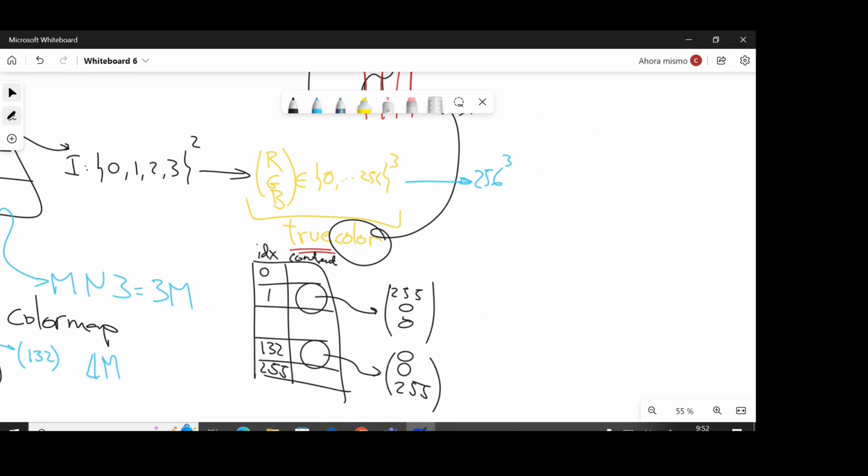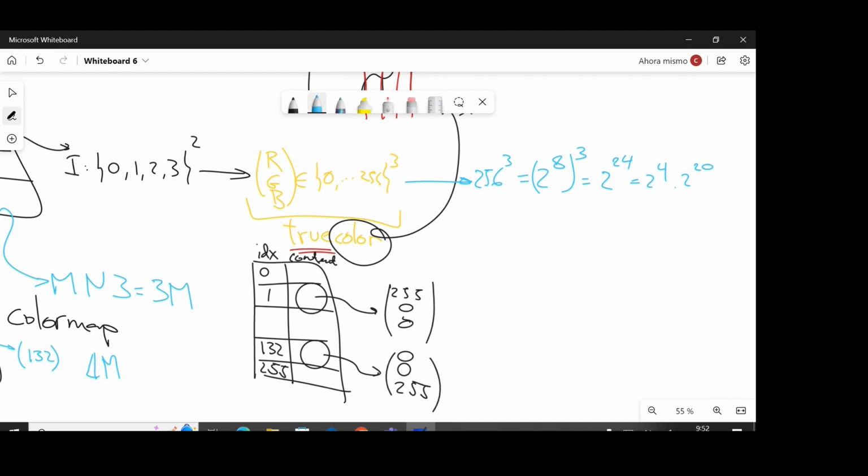Especially when they are powers of 2, you have to find quick ways. So 256 is 2 to the 8. So this is 2 to the 8 cubed, and this is 2 to the 24. So this is 2 to the 4 times 2 to the 20.